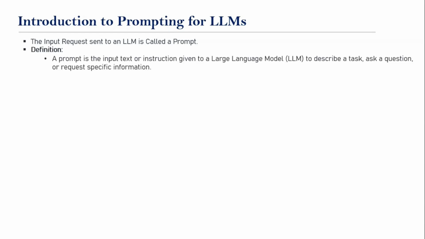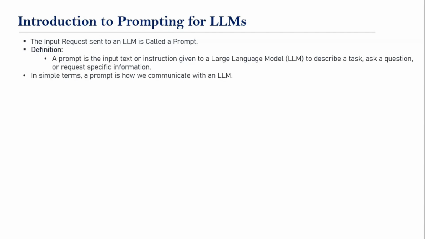A prompt is the input text or instruction given to a large language model to describe a task, ask a question, or request specific information. But in simple terms, prompt is how we communicate with an LLM.